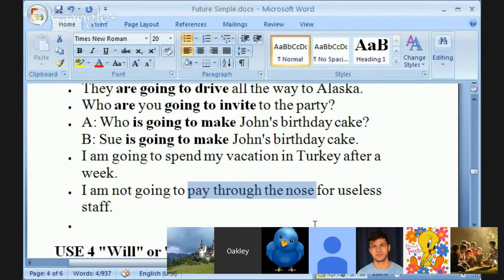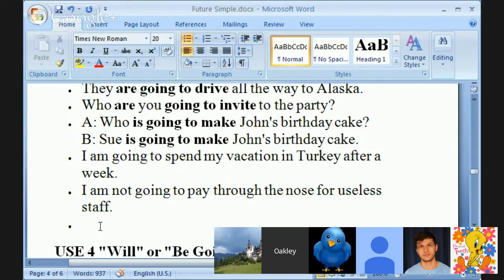Yeah, he says he's not going to pay. That's in his sentence. That's right. If you have medical care in the United States, it seems that someone pays a lot of money.